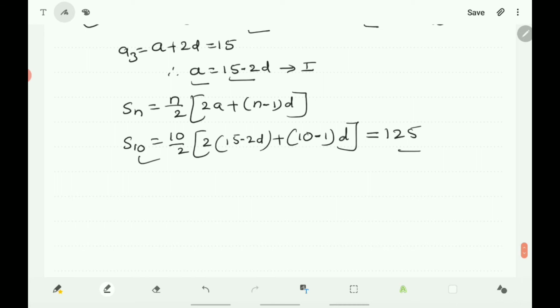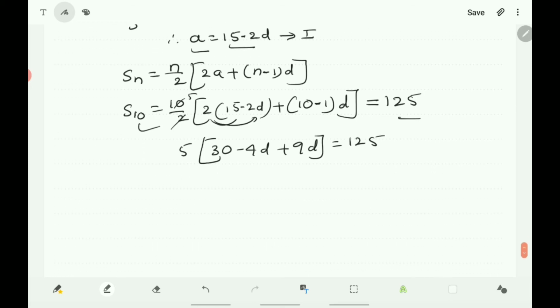That is 125. S10 is 125. That is 10 by 2 into 2 into 15 minus 2d plus 10 minus 1 into d is equal to 125. 2 fives are 10, so 5. 2 fifteens are 30 minus 2 twos are 4d plus 10 minus 1 is 9d is equal to 125.